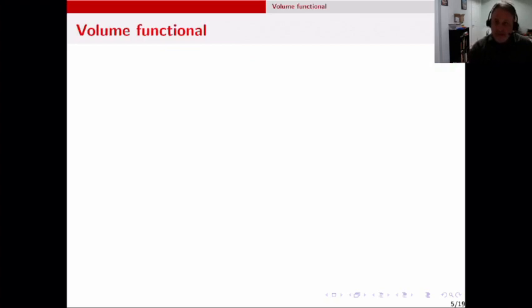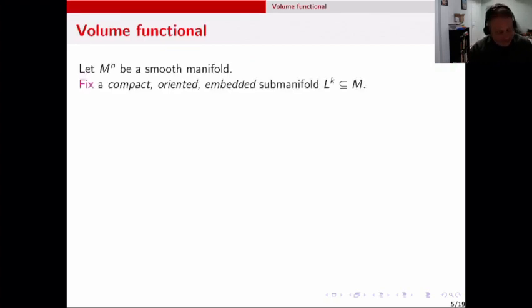Before we can state the theorem, let's look at the following setup. We have an n-dimensional smooth manifold. Eventually we're going to put a Riemannian metric on here, but not yet. And let's fix an embedding of a compact oriented k-dimensional submanifold. So we have L^k embeds into M^n.